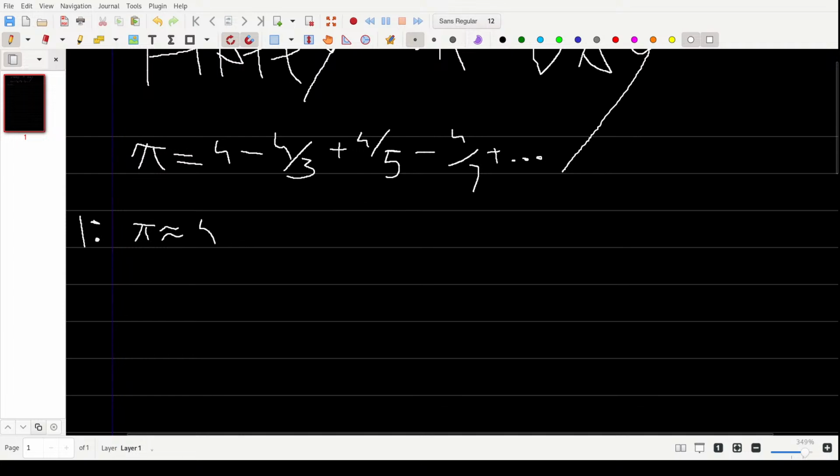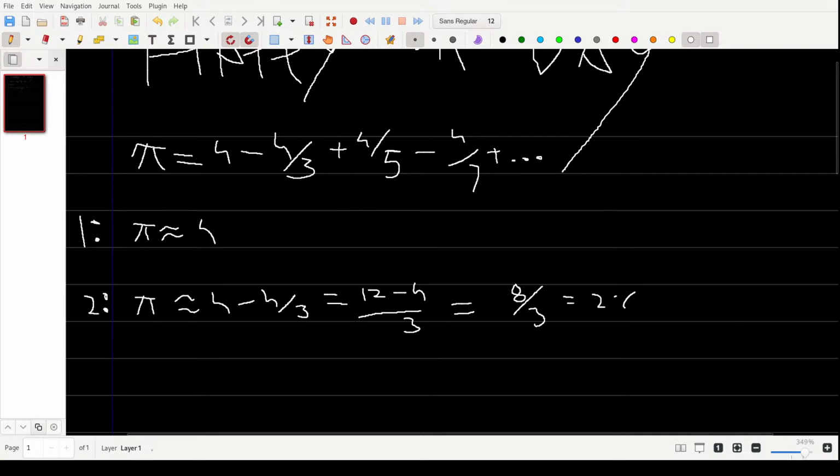Now if we do the second term as well, pi is approximately equal to 4 minus 4 over 3, which is 12 minus 4 over 3, which is 8 over 3, which is 2.6 recurring.